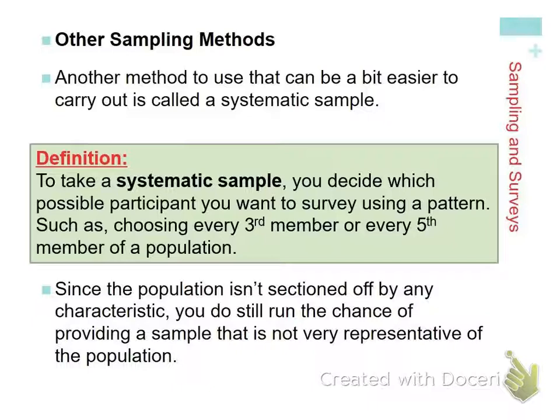You're just going to basically number off the population and then decide to choose your participants based off of a pattern. For example, you'll go through and choose every third member or every fifth member of the population, right? Since the population isn't sectioned off by any characteristic, you do still run the chance of providing a sample that's not very representative of the population, but it's easy to set up and pretty easy to carry out, right?